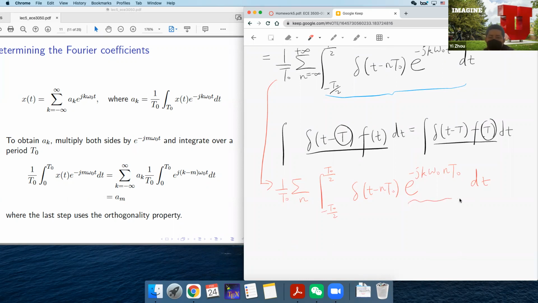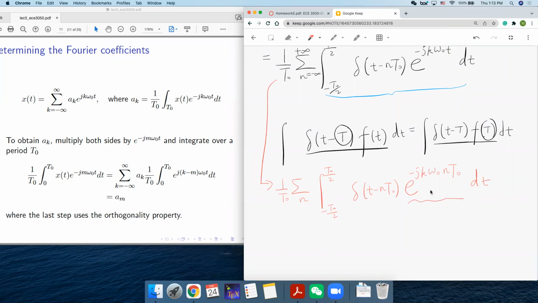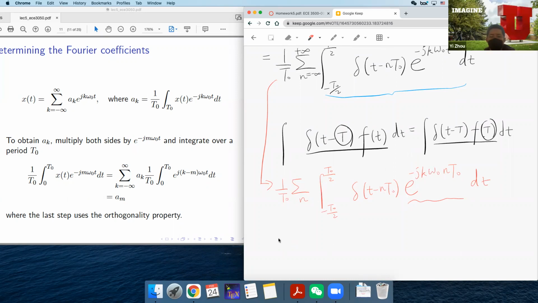And this is a constant because it doesn't depend on t, so we can pull it out. So inside we are integrating over this impulse signal. However, this integration is restricted to one period.